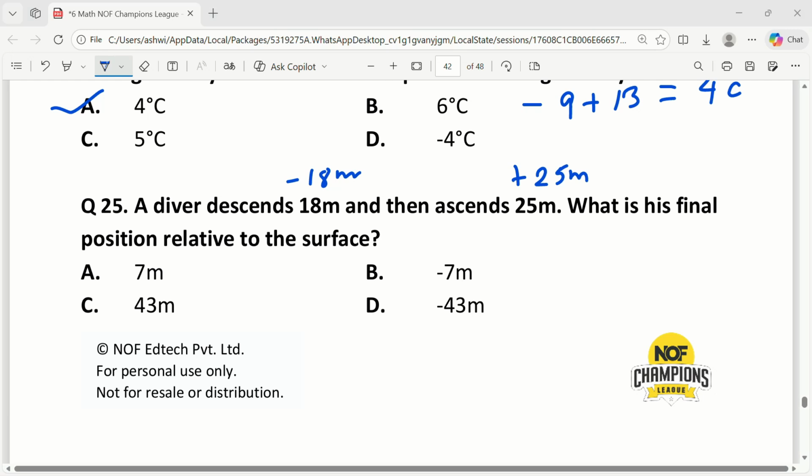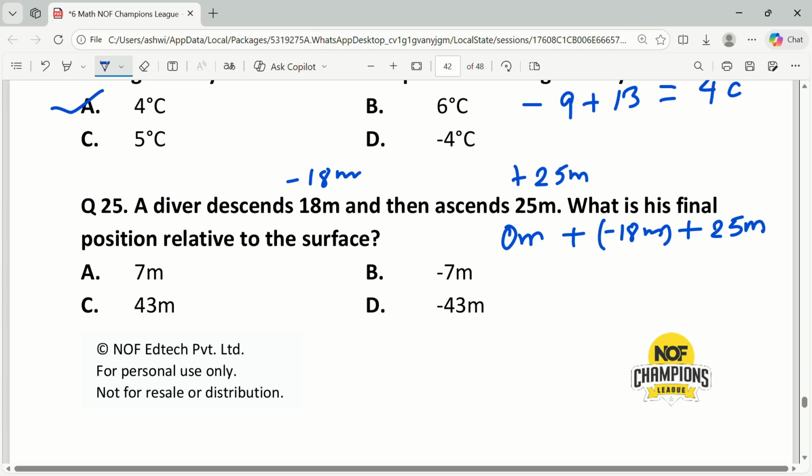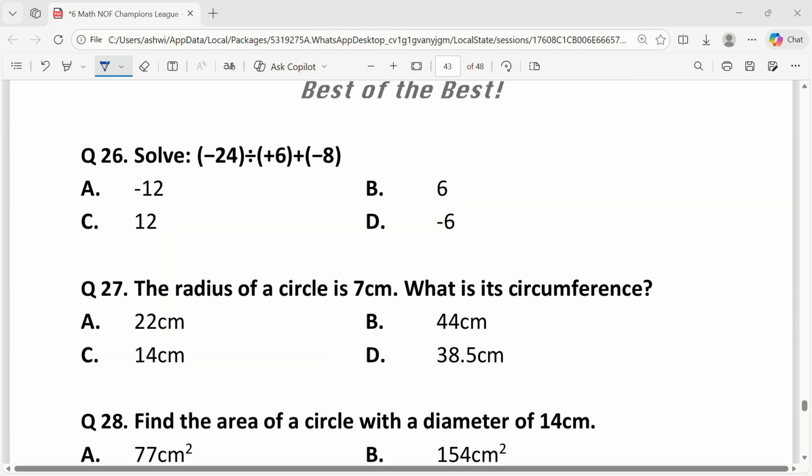So that is initial position, which is at 0 meters, that is surface level, plus minus 18 meters plus 25 meters. That is minus 18 meters plus 25 meters. That is 7 meters. Comparing with the options, answer is A.